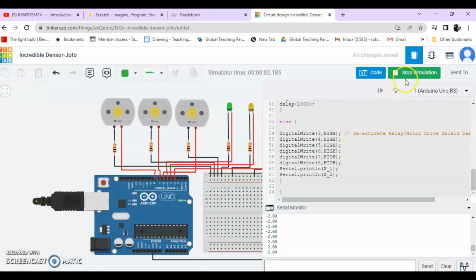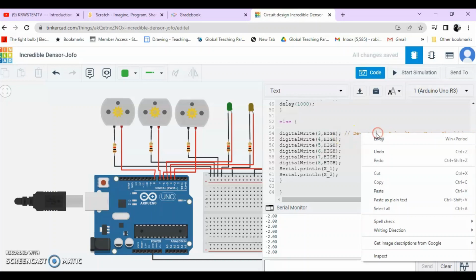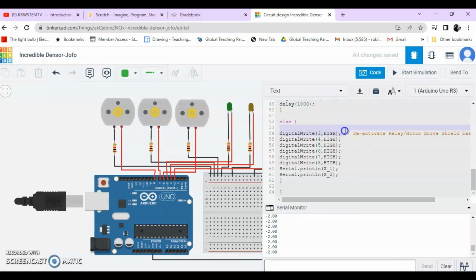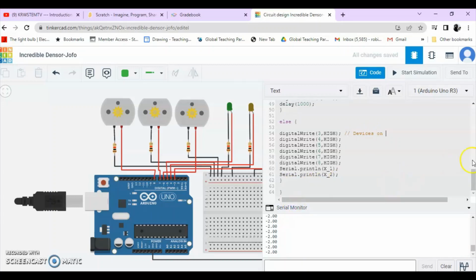So the devices will stay on indefinitely without blinking, and of course, I will change this comment so that it matches my new ideal. Alright, so all my devices will be on, and that is the concept.